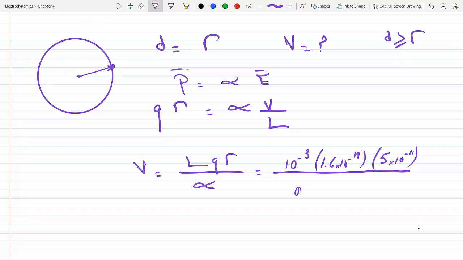Alpha we said 0. Wait, did we forget? Yeah, it's 0.667 times 4 pi epsilon, which we already know what that is, times 10 to the minus 30.